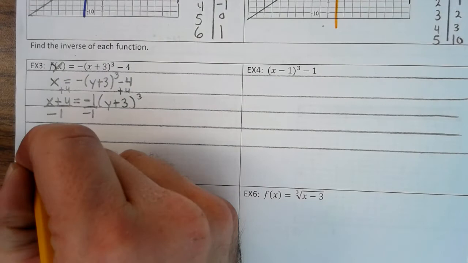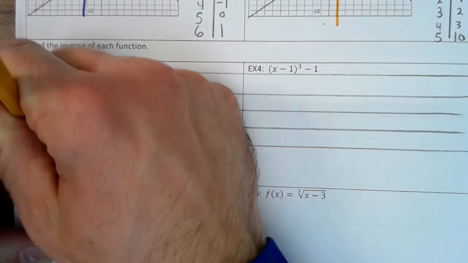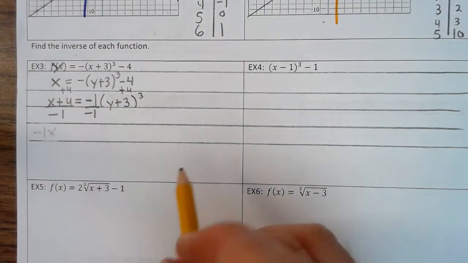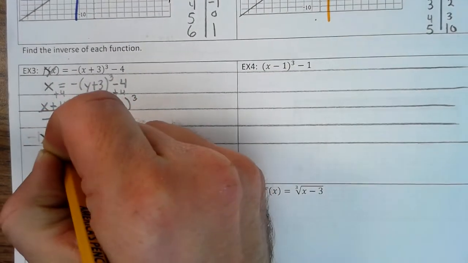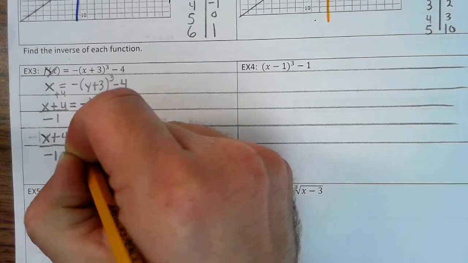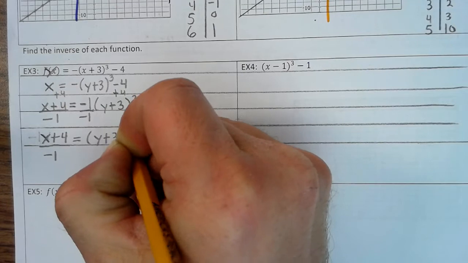And so then that becomes negative 1x. And actually, no, I'm not going to do it that way. You can actually divide by the negative 1, but I'm going to keep it that way. Okay, so then I have x plus 4 divided by negative 1 equals y plus 3 cubed.